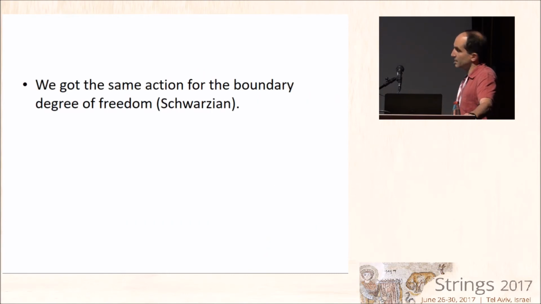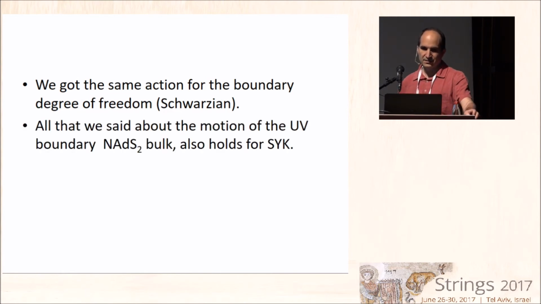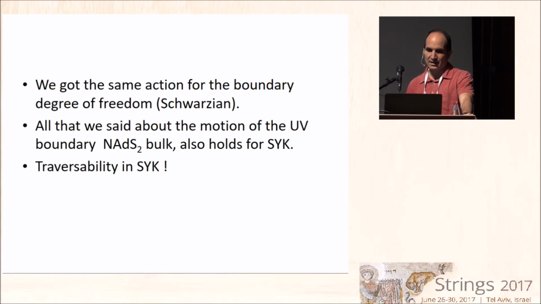So the point is that we got the same action for the boundary degree of freedom, and everything we said about the motion of the UV boundary also holds for SYK. We'll have the same traversability effect in SYK. Exactly the same formula we derived is also valid in the SYK model. So we have a quantum mechanical model where these results also hold.